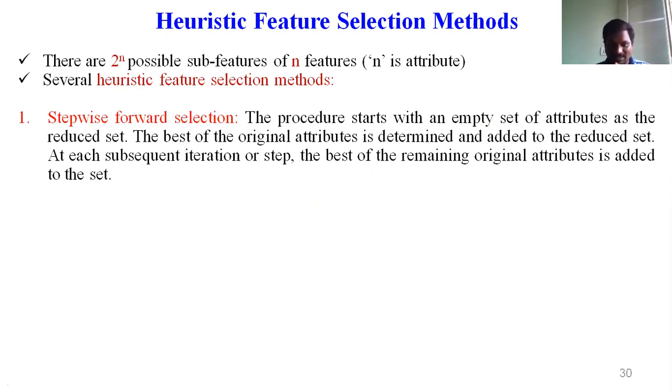The intention is to first identify the best attribute and place it in the reduced set. I can represent that with an example.